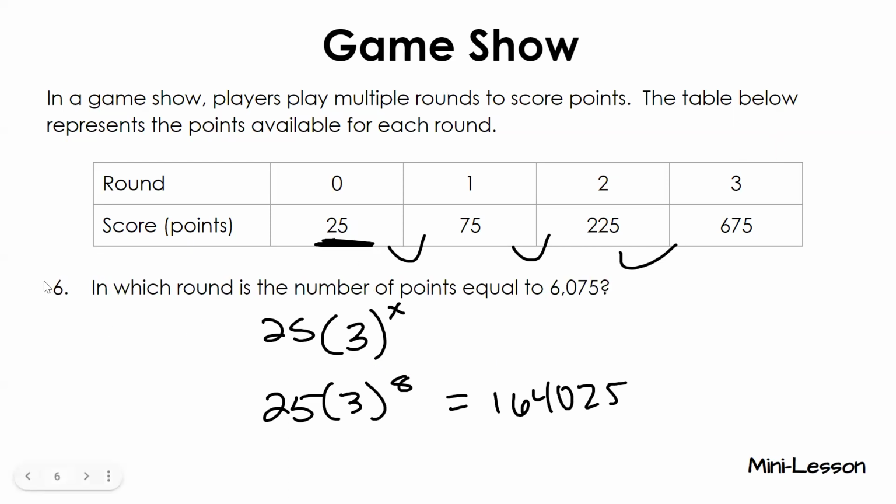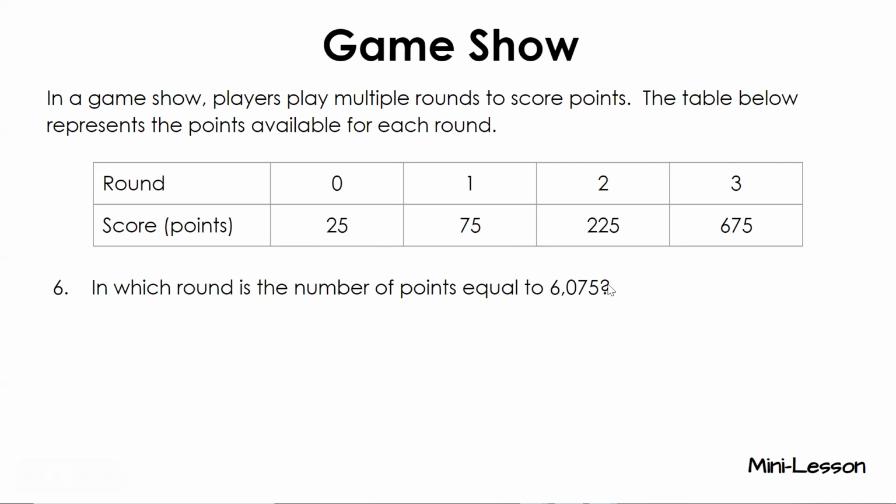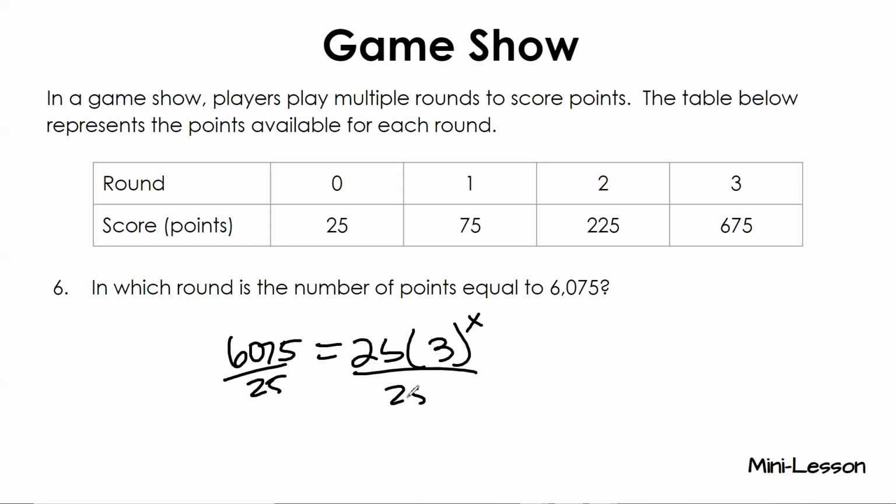In which round are we going to have 6,075 points? That means that we're going to take our equation and set it equal to 6075. So what's the first thing I'm going to do with this? Divide by 25. Tell me what you get. So 6,075 divided by 25.